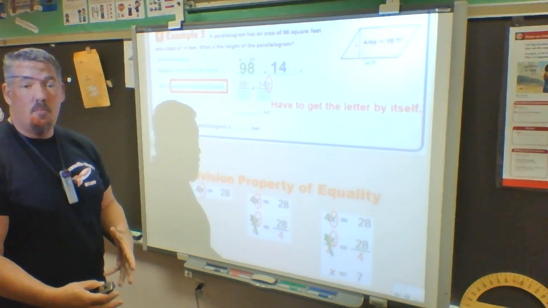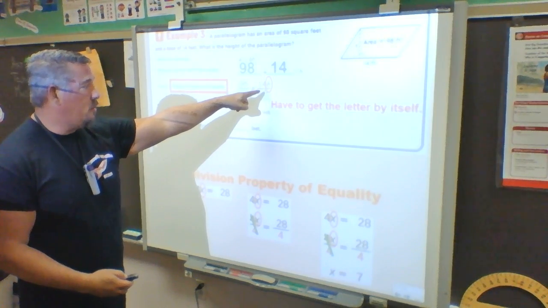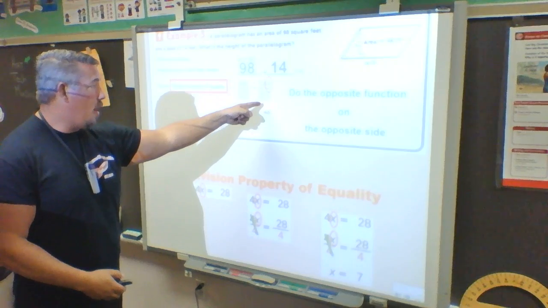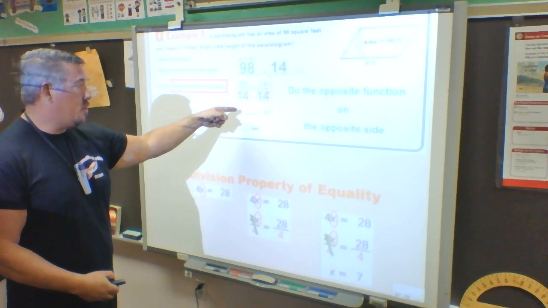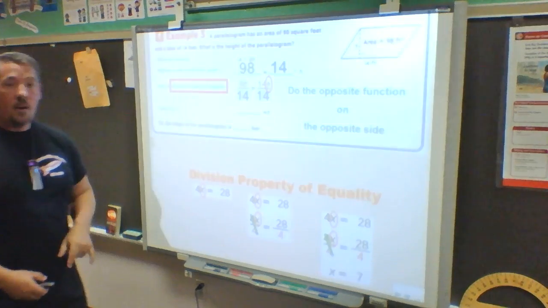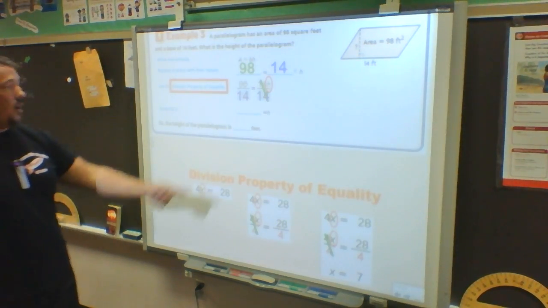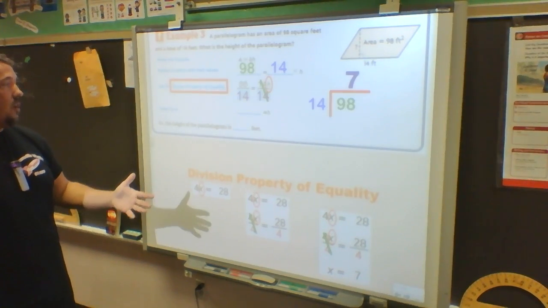I have to get the height by itself, right? So I'm multiplying by 14, so I'm going to have to do the opposite function, divide by 14. On the opposite side, divide by 14. So I'm going to show that I'm dividing both sides by 14. And once I do that, then I know I can cancel those out, because 14 goes into 14 one time, just becomes 1.